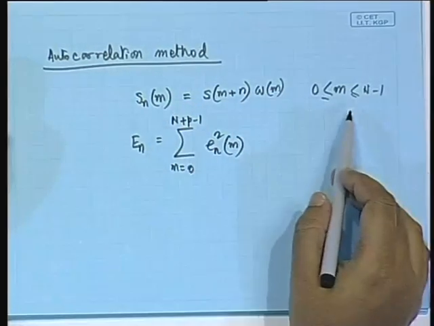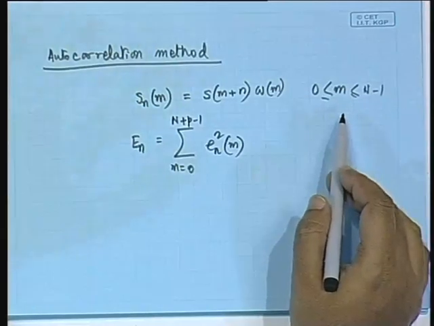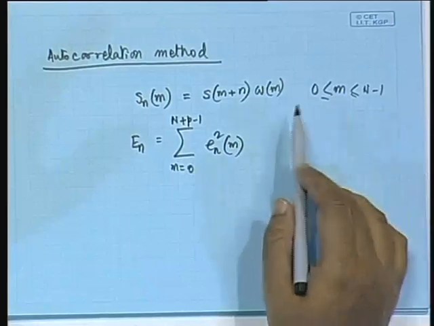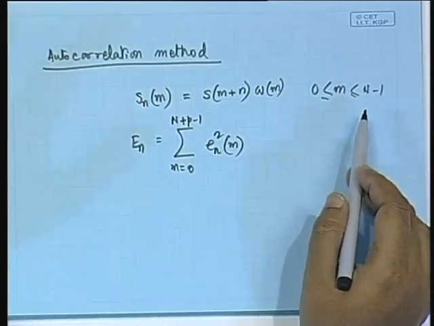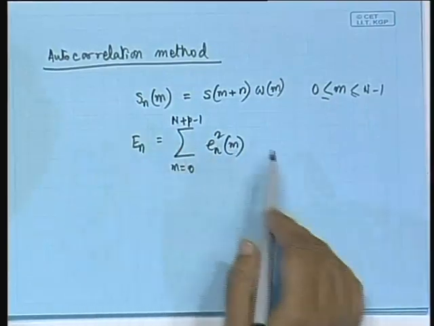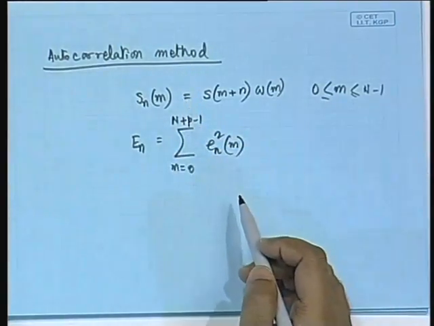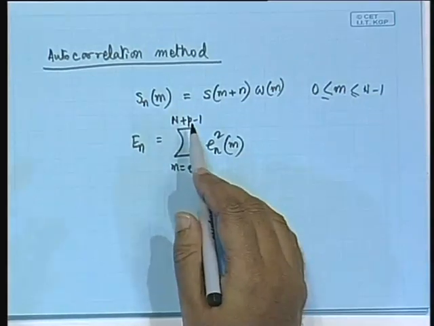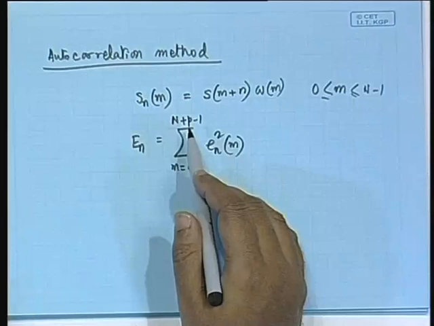The windowing that we have performed is over N samples, 0 to capital N minus 1. But just note that the E n expression we have written takes its limit from m equal to 0 to N plus p minus 1.